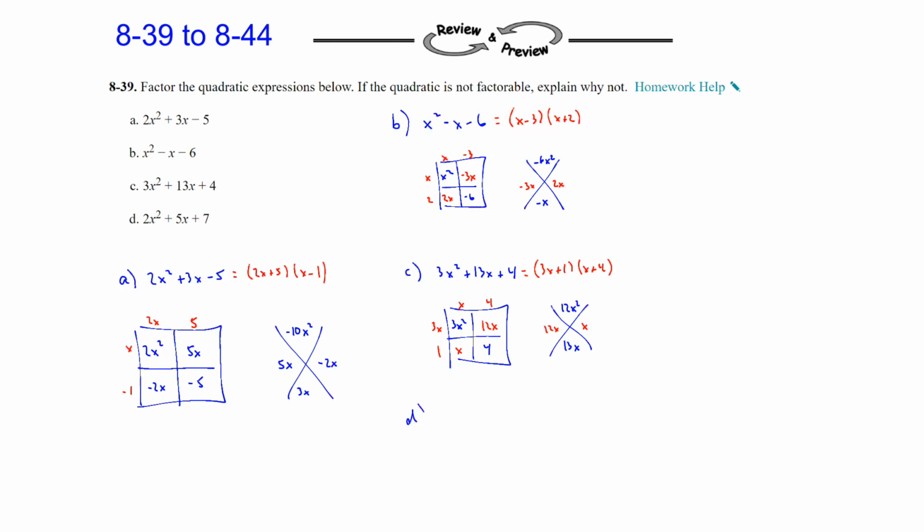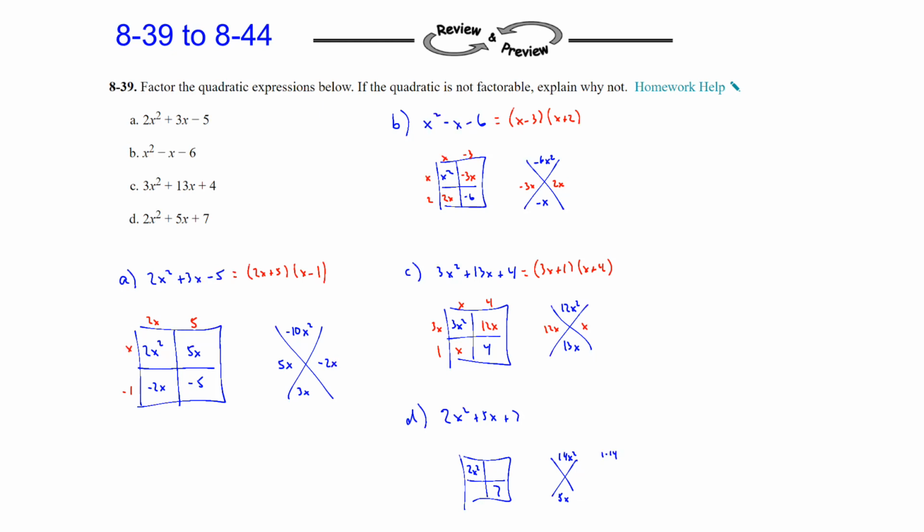And then the last one, D. We have 2x squared plus 5x plus 7. So 2x squared and 7. So we need to multiply to get 14x squared, but add to get 5x. And 14 would be 1 and 14.